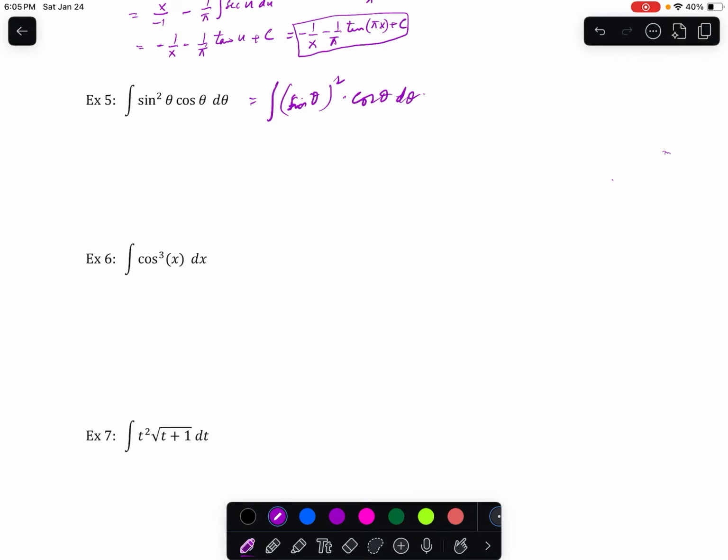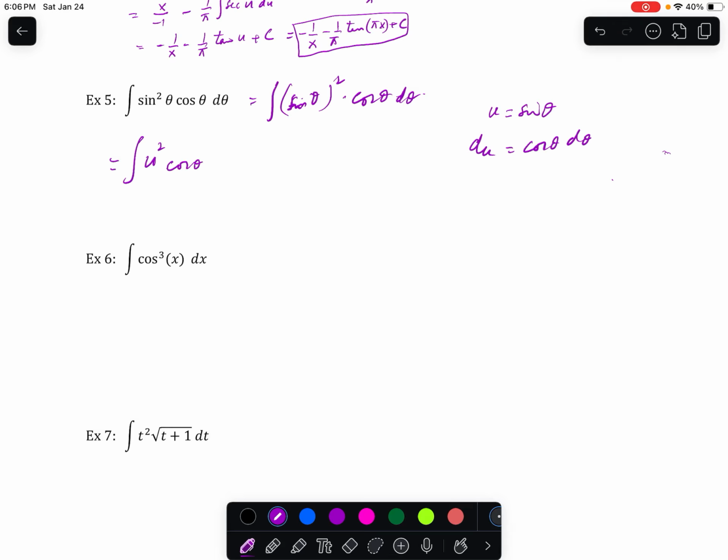So do you see something inside? Yes, that is your u. So u is equal to sine of theta. So du is cosine theta d theta. Coming here, this becomes the integral of u square into cosine of theta.